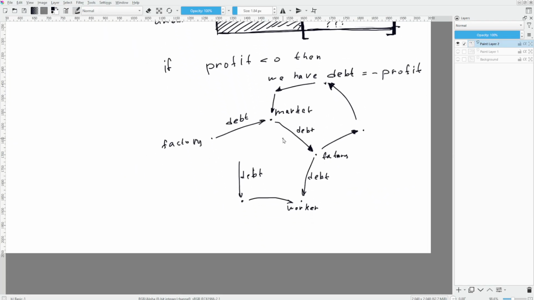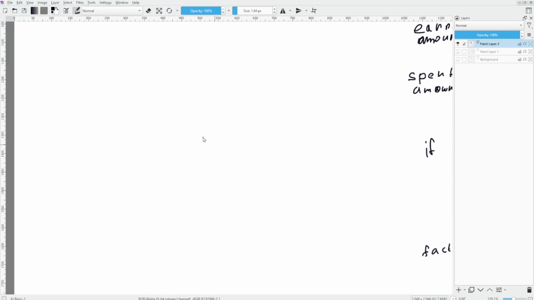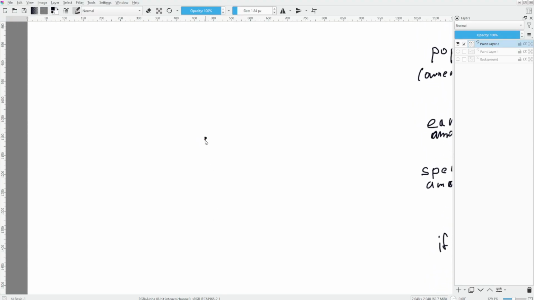But what we're actually doing is resolving all this debt in, as they usually say, the transitive way. So we have a local market, or let's better say a certain debt entity. And when a certain balance is negative, it is indebted.